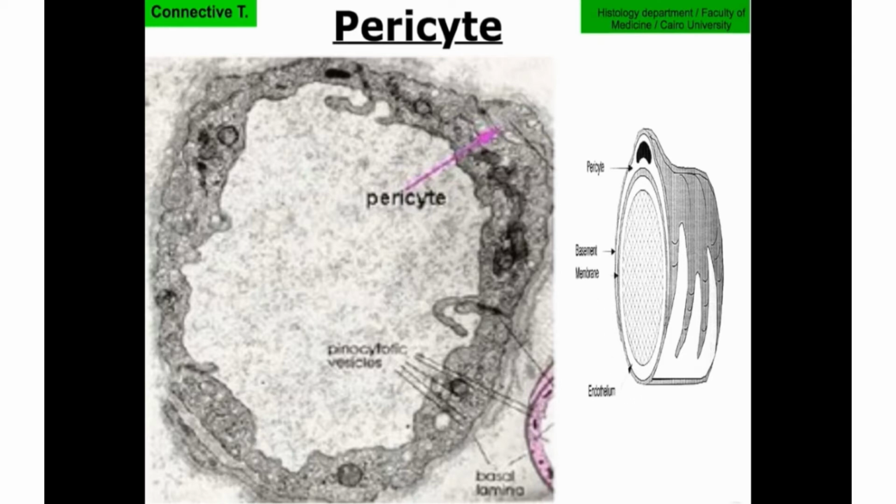As regards the LM, it is a branched cell with long processes. As you see here, the long processes are present along the longitudinal axis of the blood vessel. They are impressing this blood vessel, passing parallel to its longitudinal axis and surrounding it.